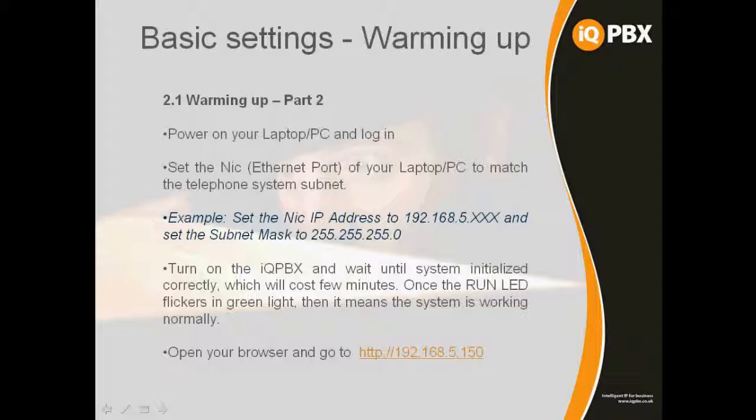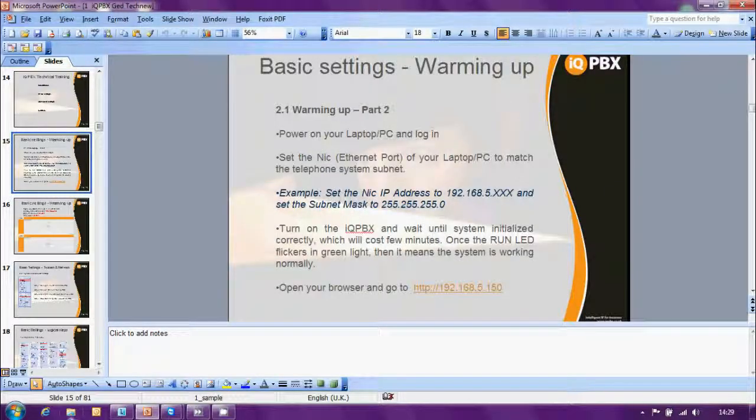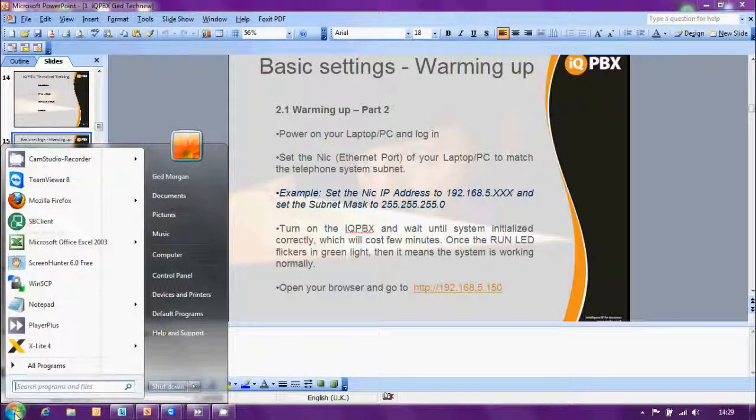So I'll just show you, if nobody's familiar with the setting up of your service laptop, and it depends on which operating system you have, but basically we're looking for the same kind of thing, the network connections.